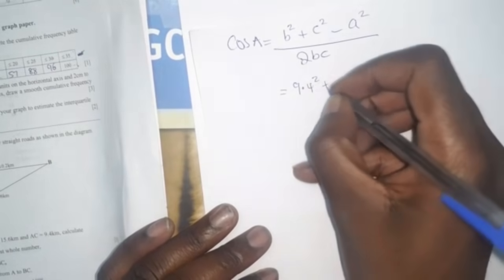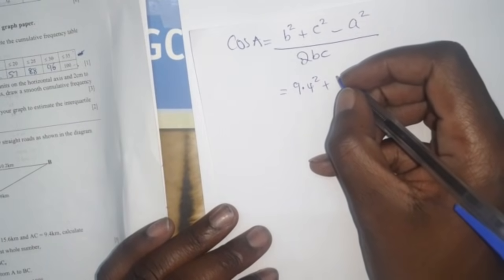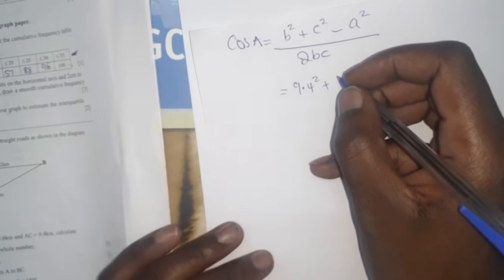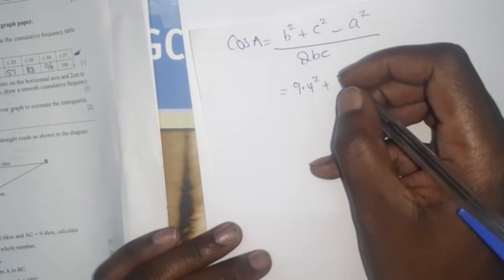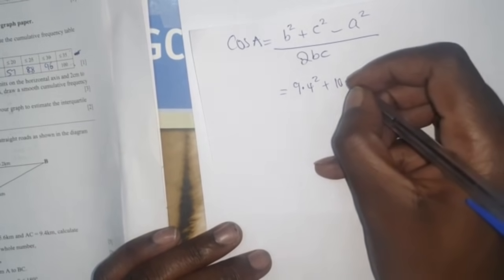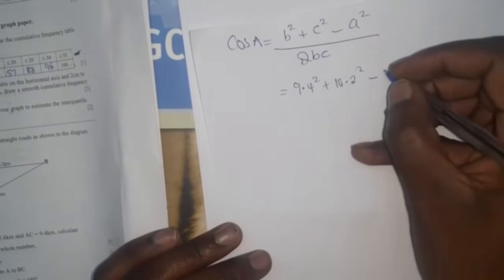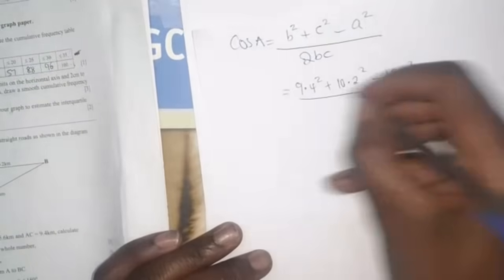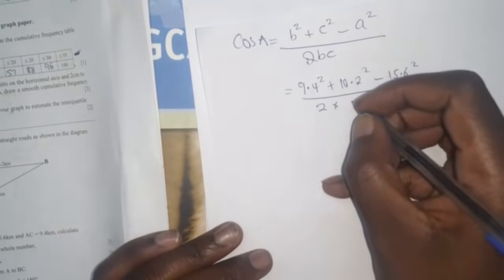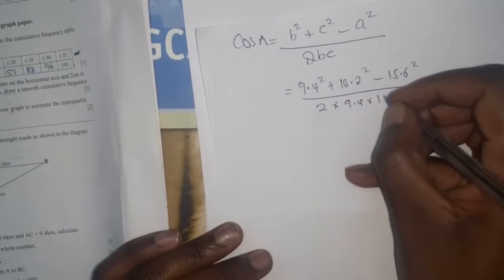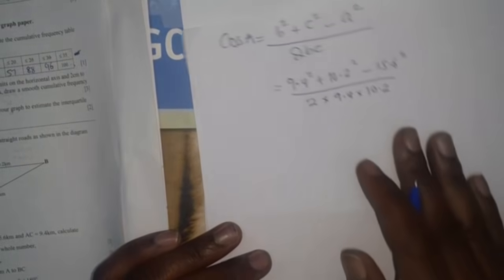9.4 squared plus, what are we getting? This is going to give us C. What is our C? 10.2 squared minus 15.6 squared over 2 multiplied by 9.4 multiplied by 10.2.